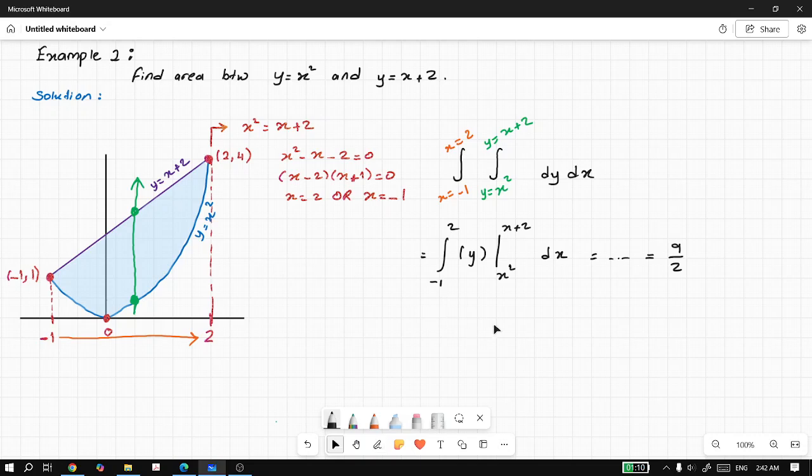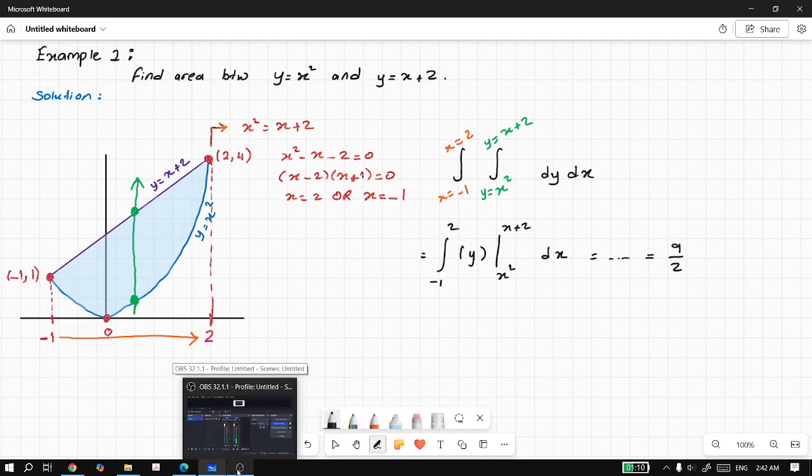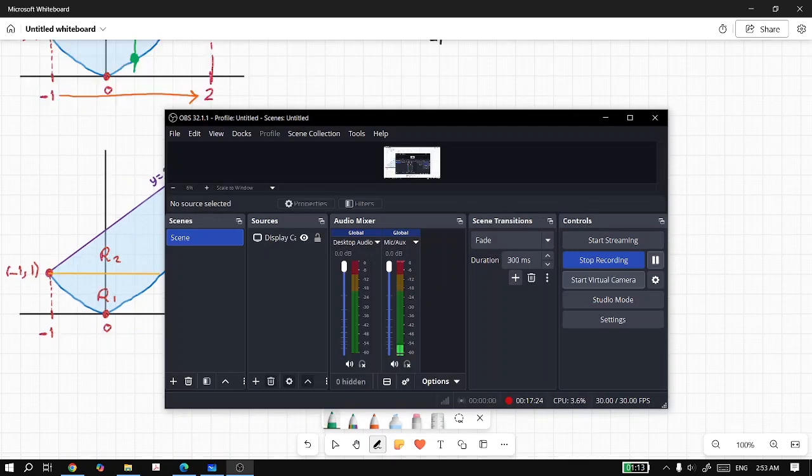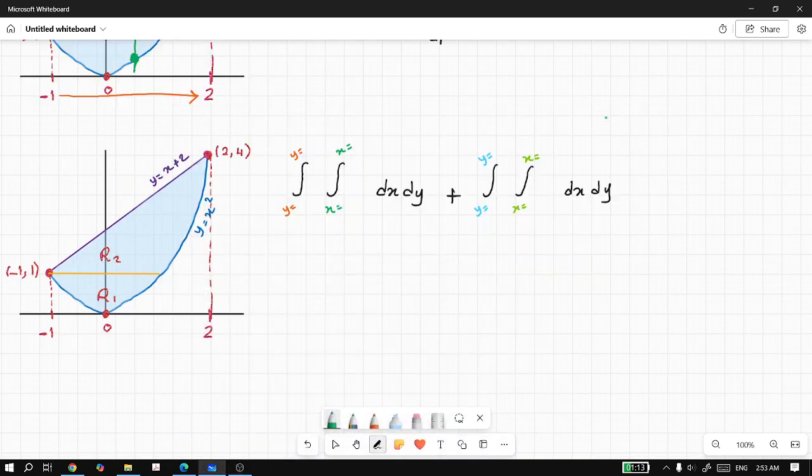Okay, so this is if you have got the order of integration as dy dx. How about if you have got the order of integration as dx dy? So we want to find the area between those two curves using the order of integration as dx dy.